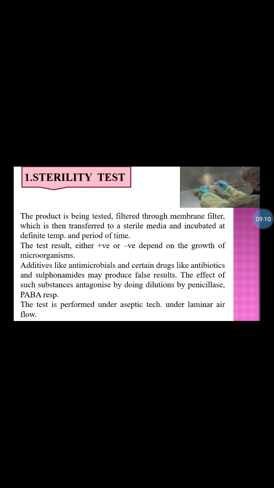That means there should not be any accidental contamination. If again the test fails, the product is considered as non-sterile. Microbes present means product is non-sterile, hence test fails, and microbes absent means product is sterile, hence test passes.